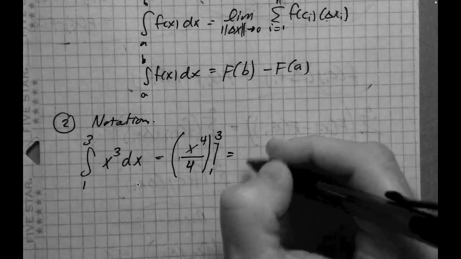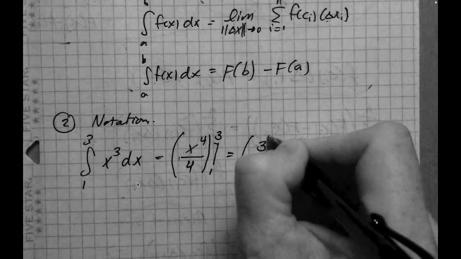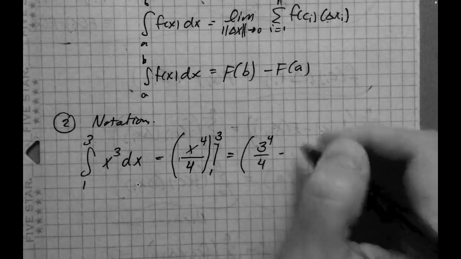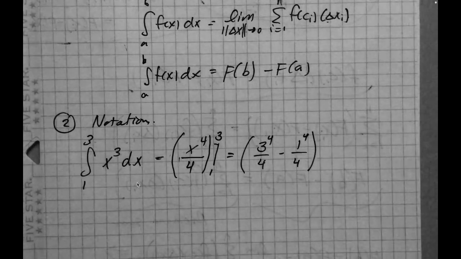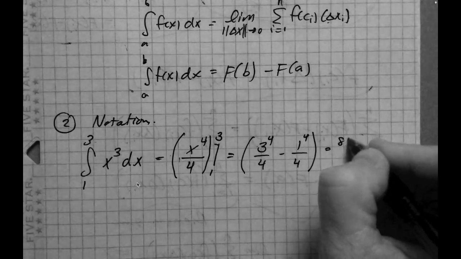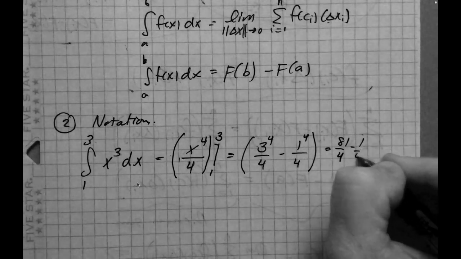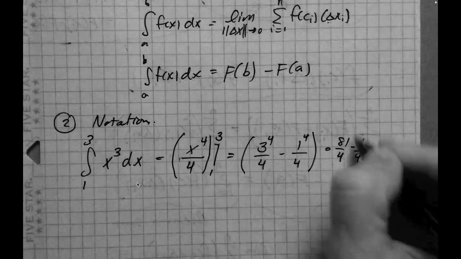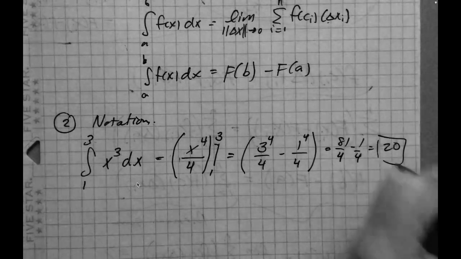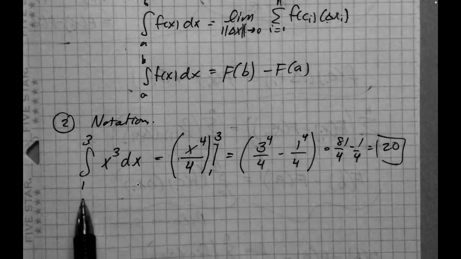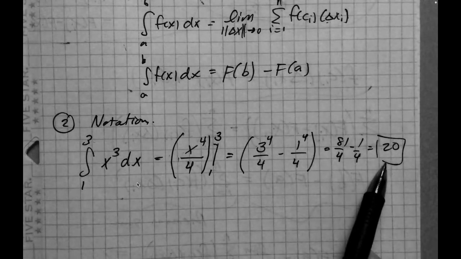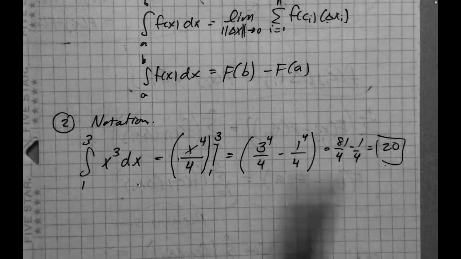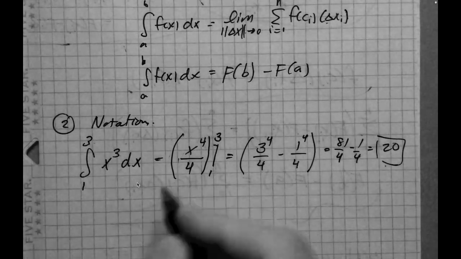And so we could do that. We could just take 3 to the 4th over 4 minus 1 to the 4th over 4, like so. And you would get 81 over 4 minus 1 over 4. That's 80 over 4, which is 20. So that quickly we can figure out this definite integral. Really quickly. Okay, so the notation here is kind of the key.